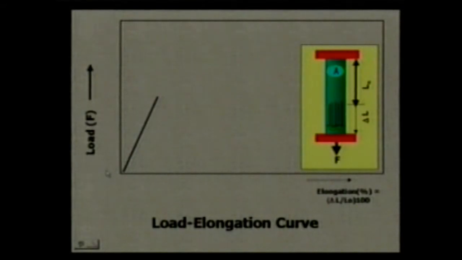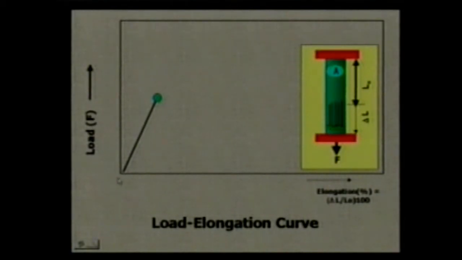Quite often it goes unnoticed in many cases where the material tends to deform non-linearly or plastically at a very, very small level of loading. So up to that point here, we can imagine that if we remove the load, the material will recover or will spring back to its original length.